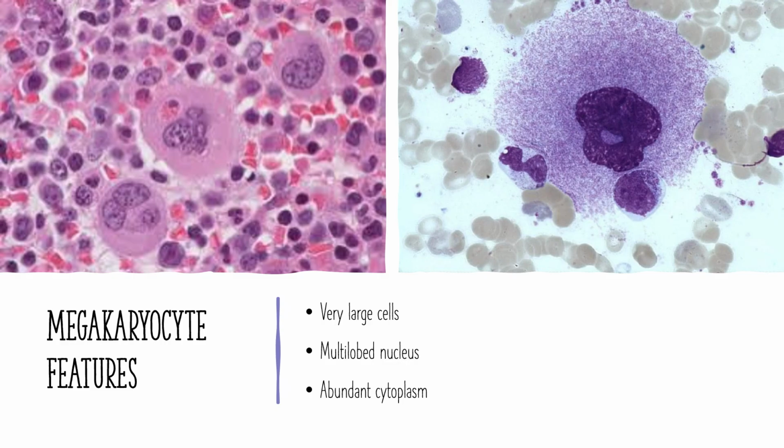Next is the multi-lobed nucleus. This structure forms through repeated DNA replication without cytokinesis. The nucleus appears folded or cloud-like rather than neatly segmented. This polyploid state allows the cell to generate enormous amounts of cytoplasmic material needed for platelet formation.